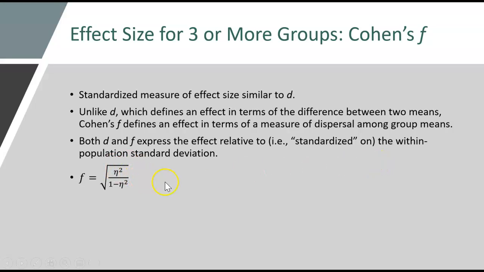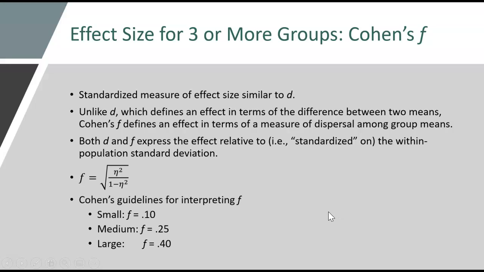If you refer back to the last slide where we talked about what eta squared is and how it's calculated, f is determined in a standardized form: you have eta squared divided by 1 minus eta squared, and then you take the square root of that value to give you the standardized Cohen's f.